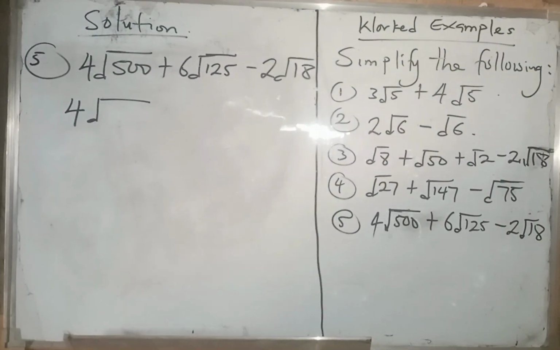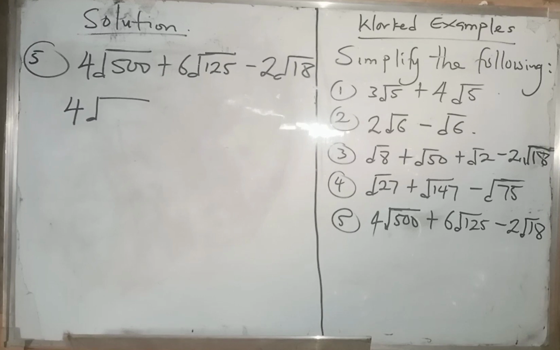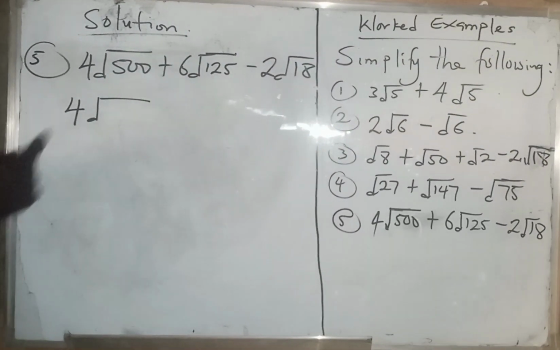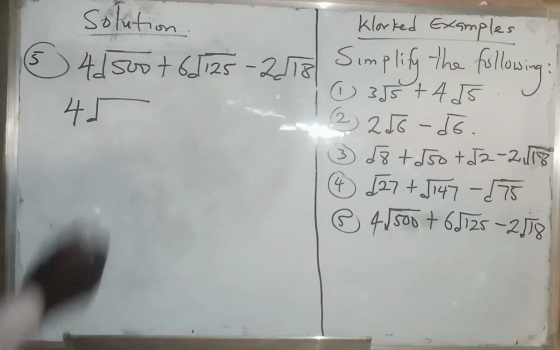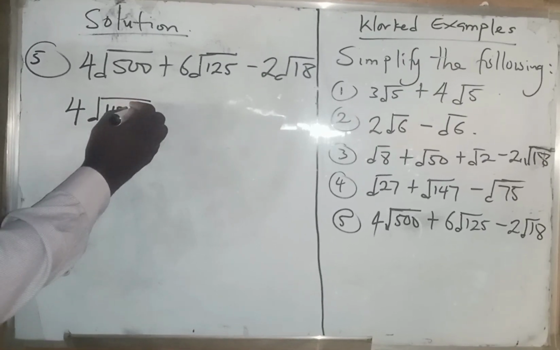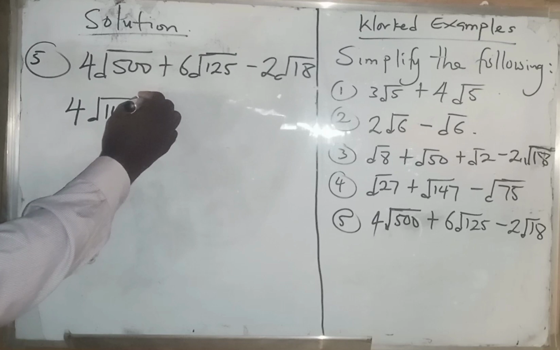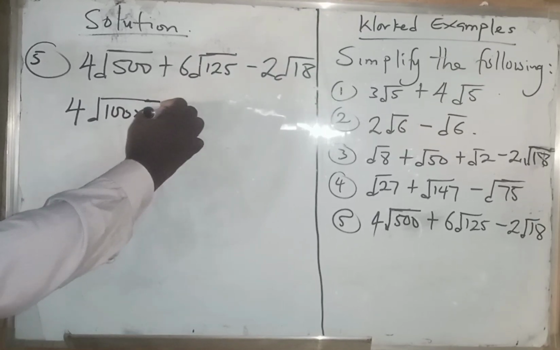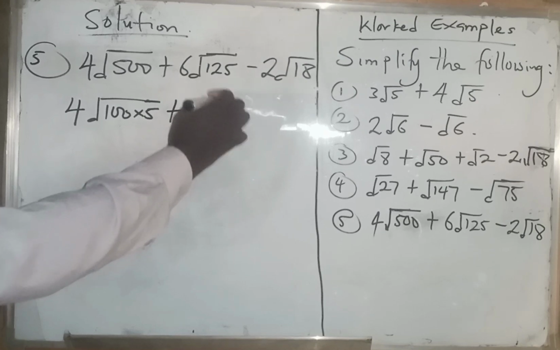And it's very clear that 100 is a perfect square and that 100 is a factor of 500. So we simply multiply 100 by 5 and that will give us 500. And we have plus 6 with 125.